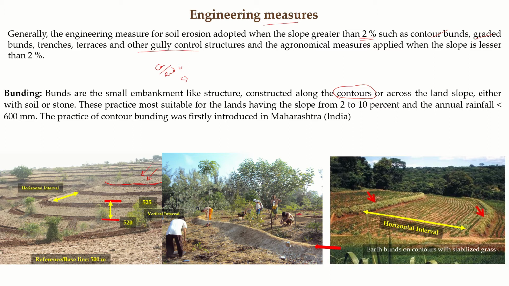These bunds are used where the slope is 2 to 10% and the annual rainfall is less than 600 mm. These are the two major conditions to construct a bund. This practice was first introduced in Maharashtra, India.